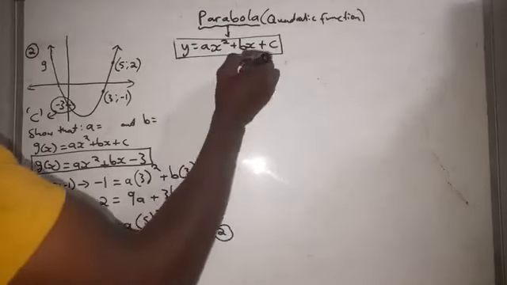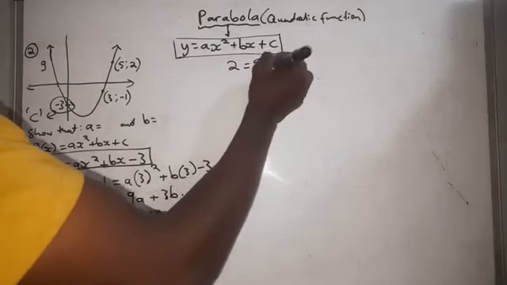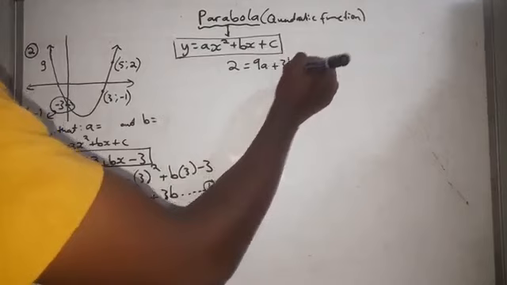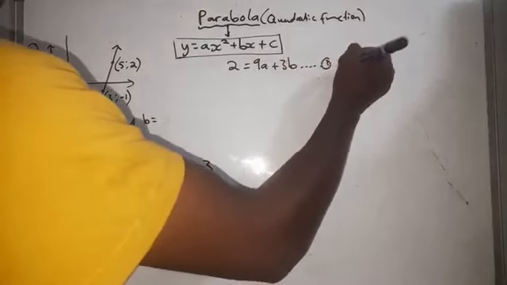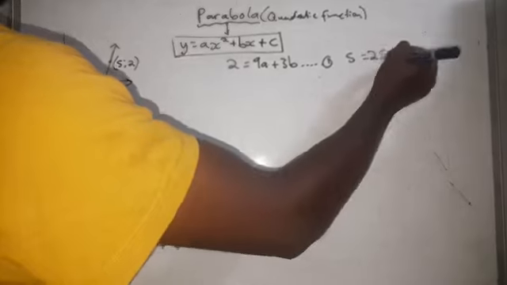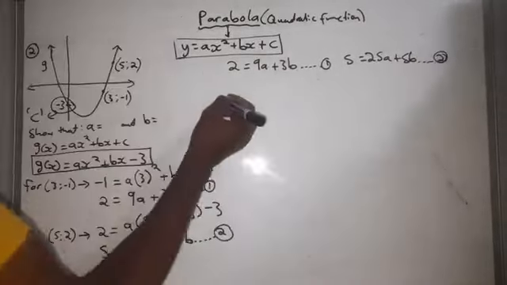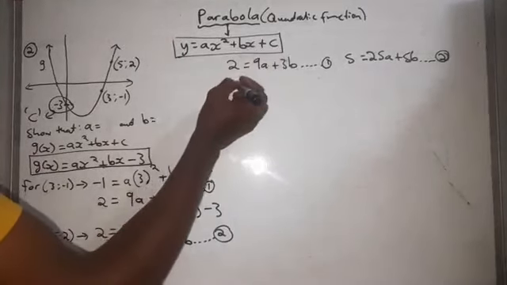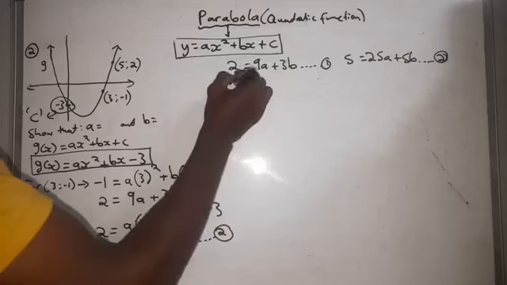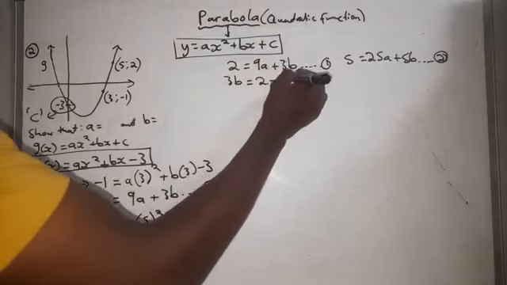So again, two equations are obtained for the simultaneous equations. The first one is 2 equals 9a plus 3b. Then 5 equals 25a plus 5b, equation number 2. I'm going to start by finding b. So 3b equals, taking this to the other side, 2 minus 9a.